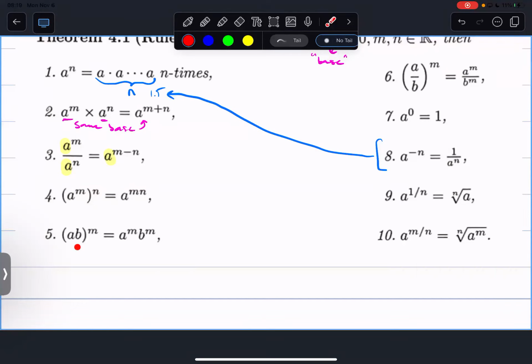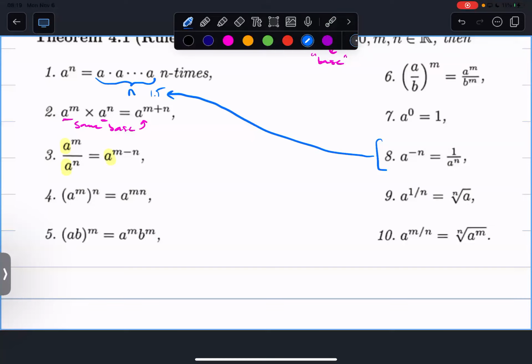We've talked about things like quadratics, polynomials, and we know that you're not allowed to distribute a power unless you're multiplying or dividing inside, right? So now we have two different bases, a and b, right? And if you're multiplying inside, then you're allowed to distribute the m inside, and it goes on both the bases, right? So a to the power of m and b to the power of m. Okay.